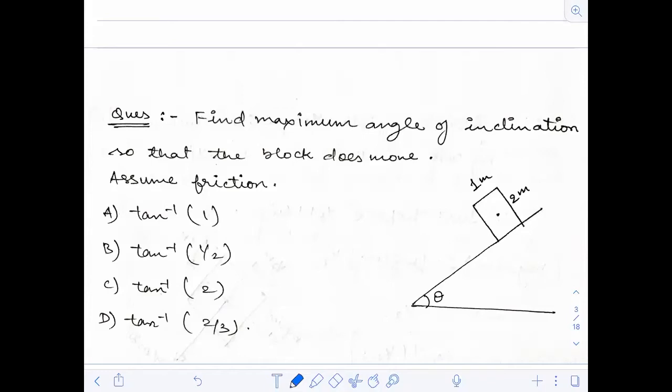Okay, all those who have given me the answer, did you calculate this corresponding to toppling, rotation, or have you simply applied the case of sliding? Okay, one more answer I got: 2/3.